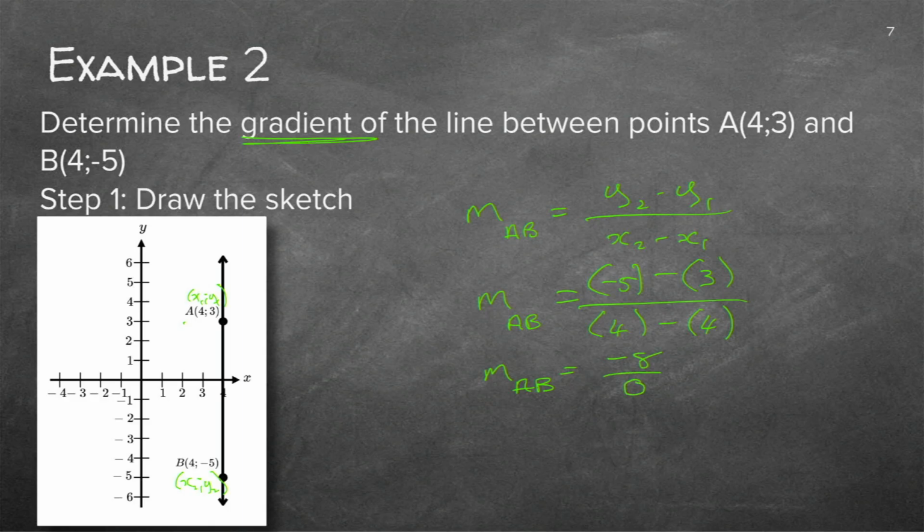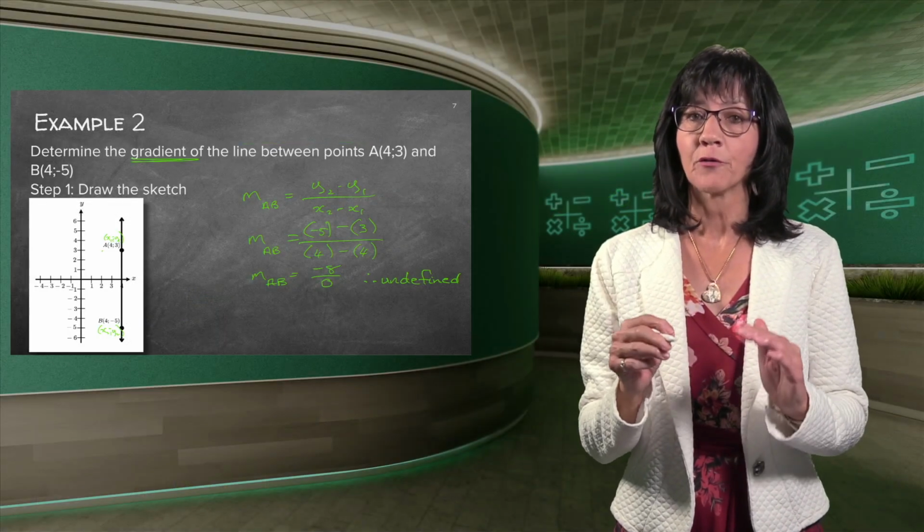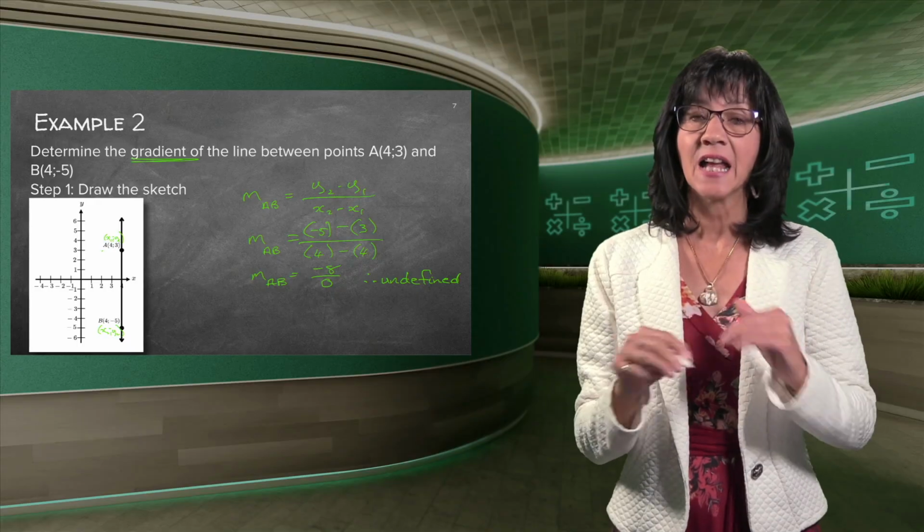And oopsie, what do you know about a 0 underneath a line? It's not possible. You cannot ever divide by 0. It's physically impossible to take 0 and divide it into something. That's why I know this is undefined. That does not mean my slope or my gradient is now 0, it's undefined.